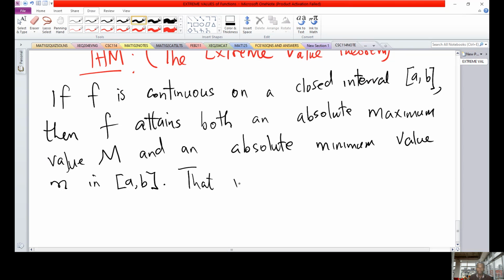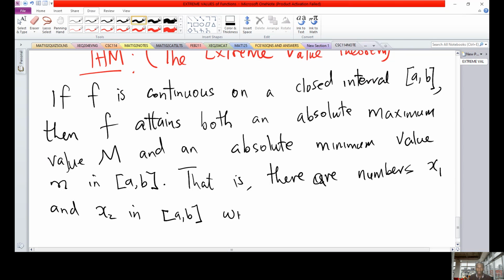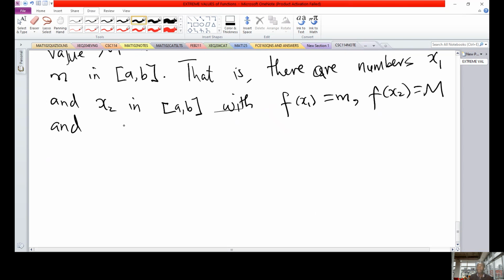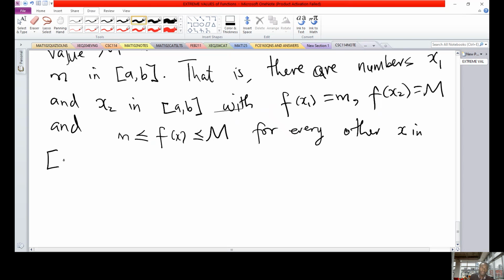That is to say, there are numbers x1 and x2 in this closed interval [a, b] with f of x1 equal to m, and f of x2 equal to M, and the function lies between these two values for every other x in this closed interval.